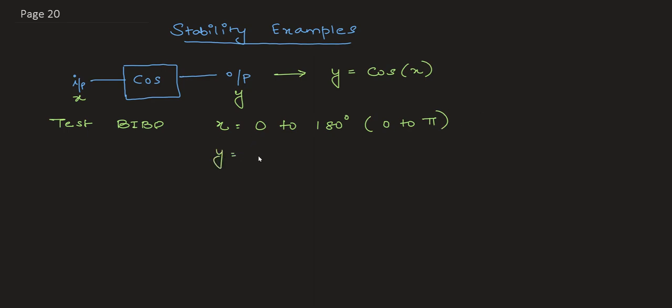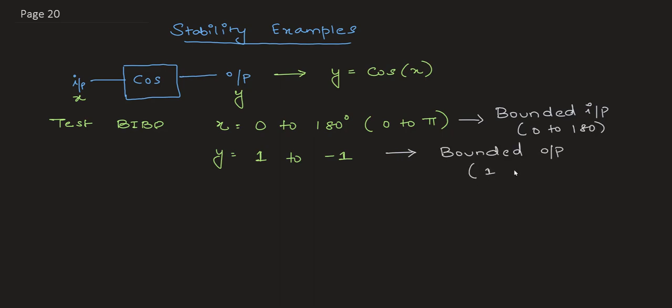So my range of x is defined from 0 to pi, or 0 to 180 degrees, and we all know that cos 0 is 1 and cos 180 is minus 1. So in this case my input is bounded from 0 to 180 and my output is bounded from 1 to minus 1. Hence my system is a stable system.